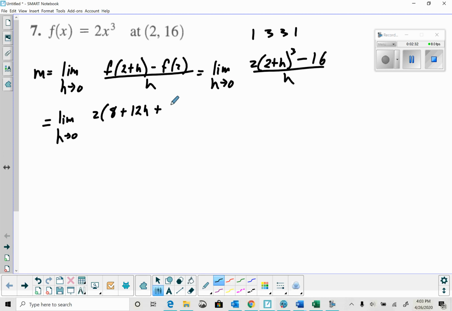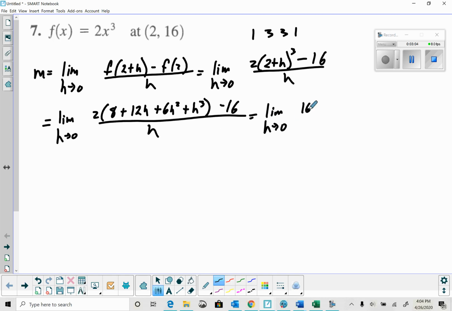Plus, then from Pascal's triangle, 3 times 2 to the first times h squared. Now again, I can combine those. 3 times 2 is 6, so that's 6h squared. And then plus h to the third. Let's distribute, shall we?